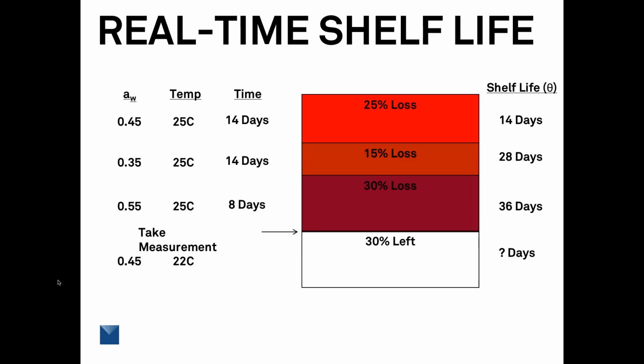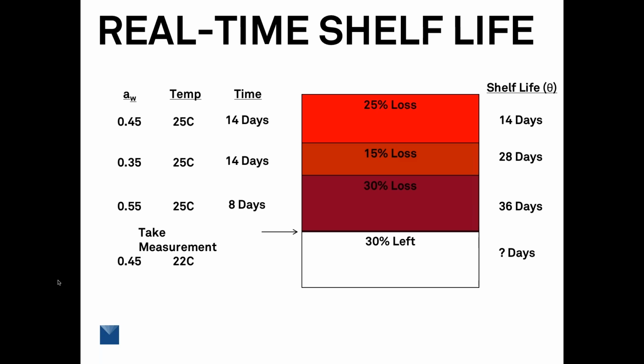But in fact, what happens is that those conditions change depending on what the storage conditions are. And so what this allows you to do is actually factor in each of the storage events to determine what your actual shelf life is. And then based on what's happened to the product, you can make an estimation of what the shelf life remaining would be under certain storage conditions.